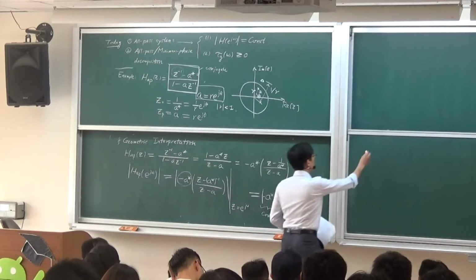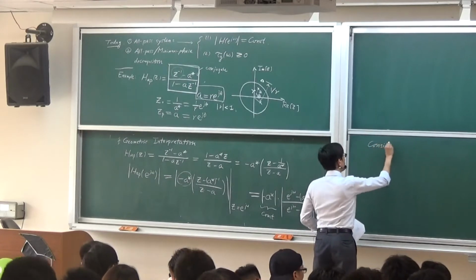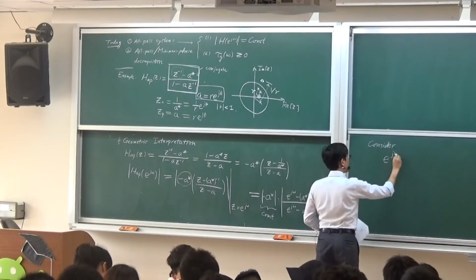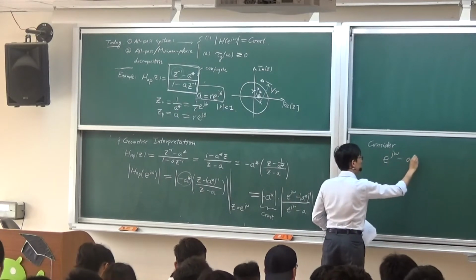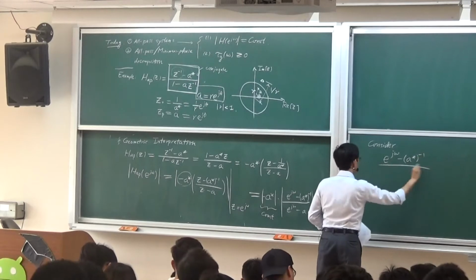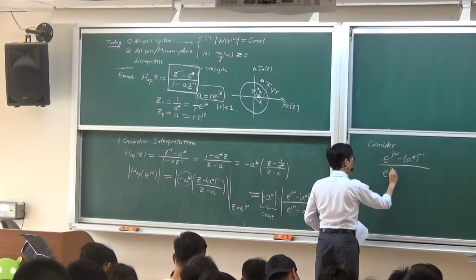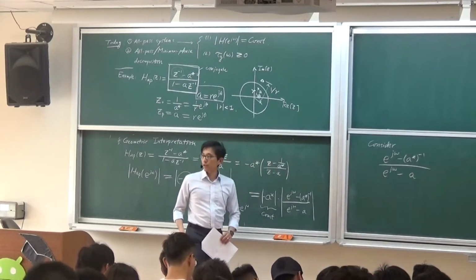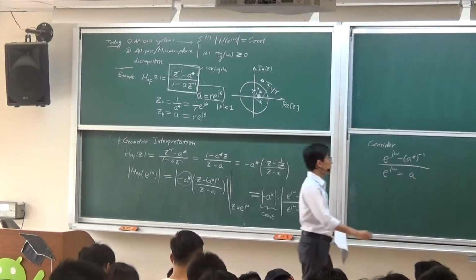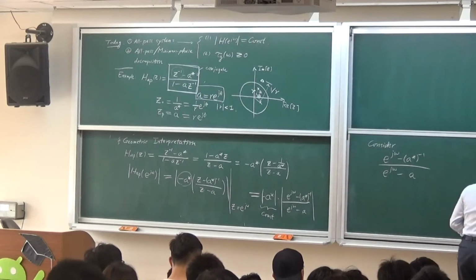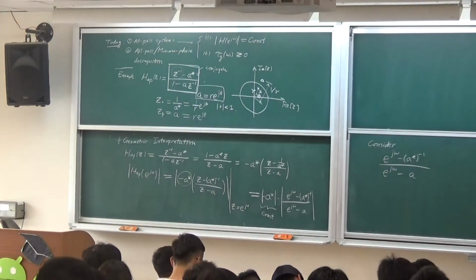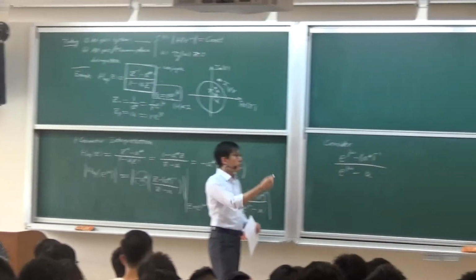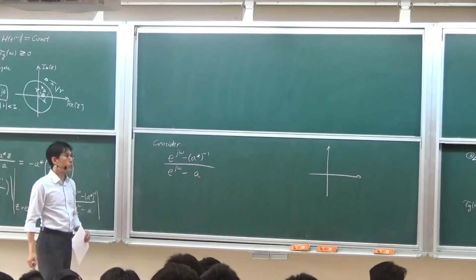So let's consider e to the j omega minus a conjugate inverse, divided by e to the j omega minus a. Certainly it's a division of one complex number by another complex number, so let's take a look at their geometric interpretation.